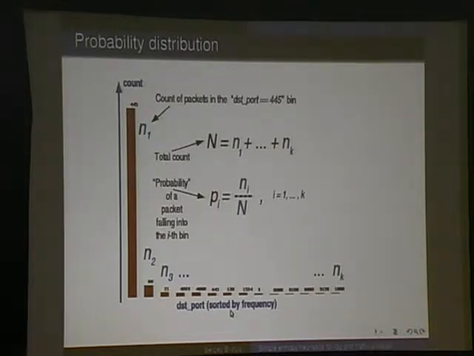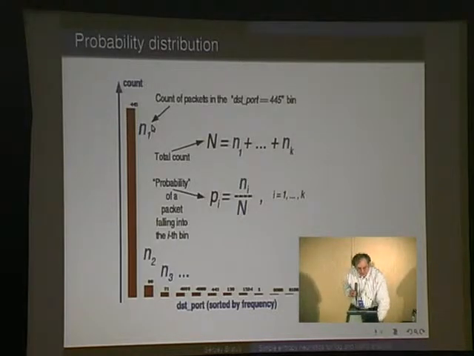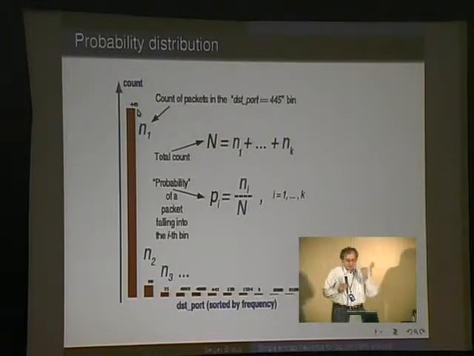So let me take the counts of these ports and divide my entire packet series into bins. So N1 is the count for the bin with destination port equal to 445, the most populated bin. Probability is the fraction of the total number of packets that ends up in this bin.